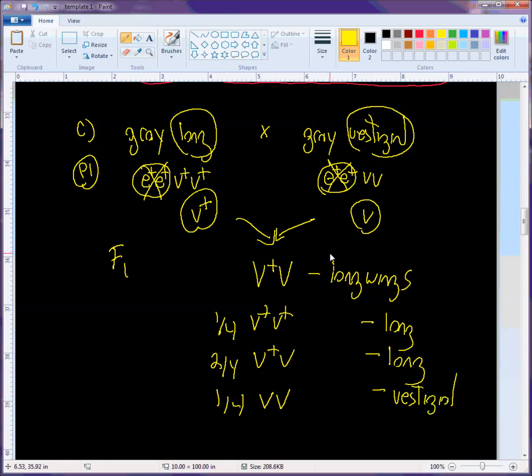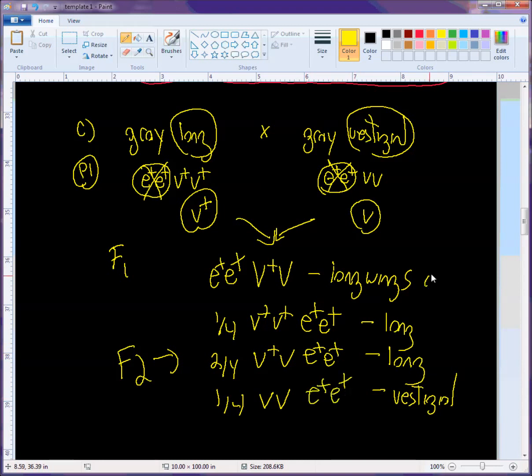So at this point we could go in and say, well, we already decided all of the flies in the F1 and the F2 here are going to have 2 E plus alleles. So we could put that in here now if we wanted to. So pretty easy.